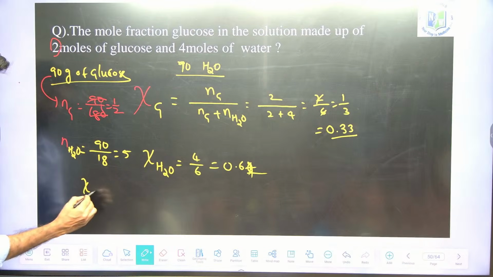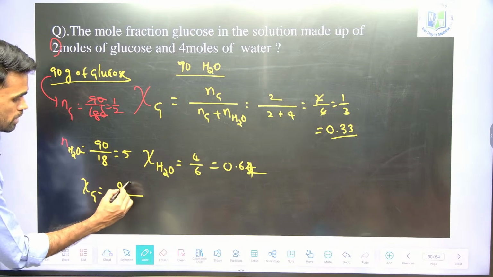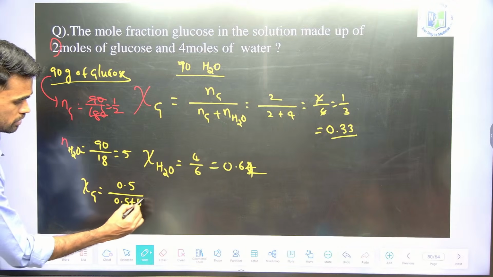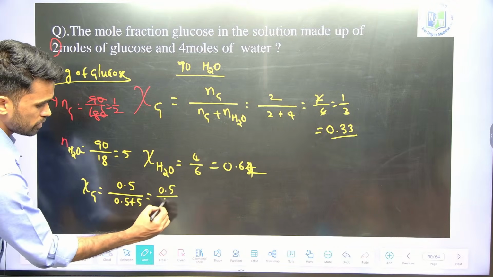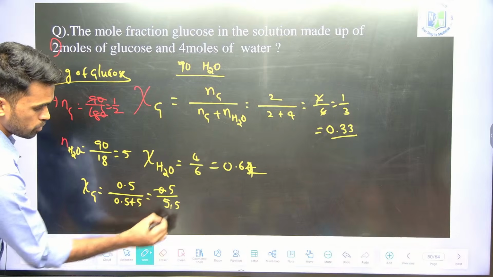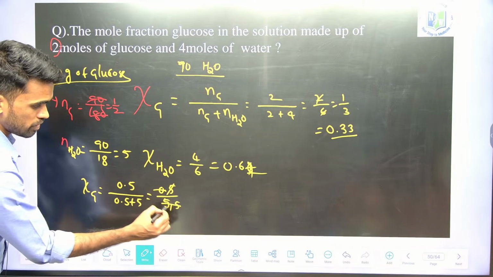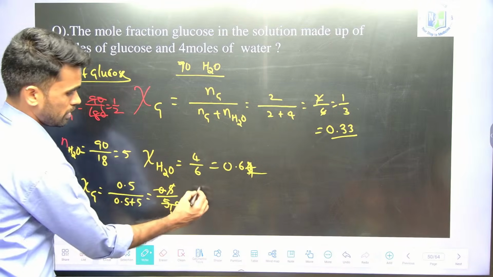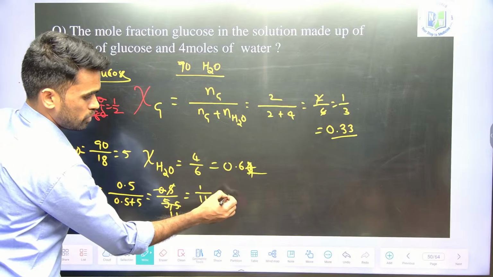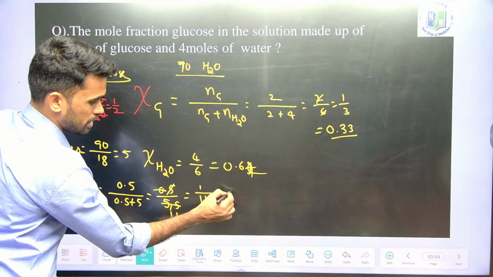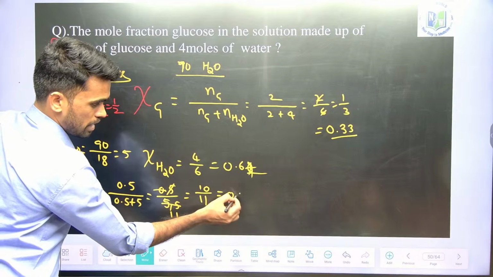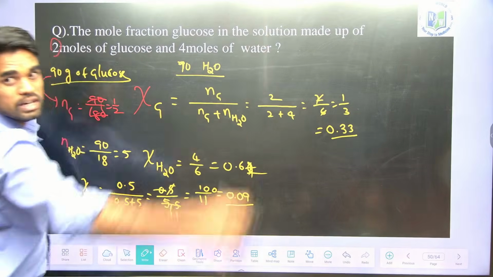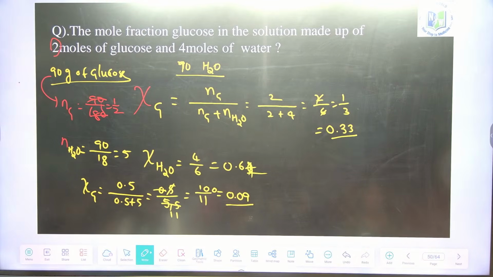So Xg will be equal to 0.5 by 0.5 plus 5, so it is 0.5 by 5.5. The point can be removed, so it is 5 by 55, which is around 1 by 11. If you want to calculate, you can simplify it, something like 0.09. Something like this, you will get the answer. Is this clear?